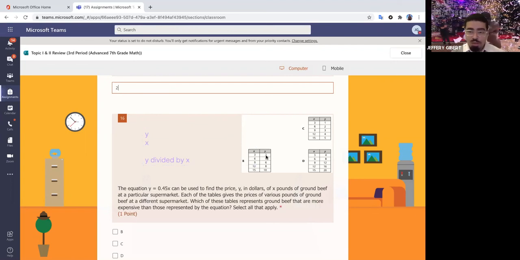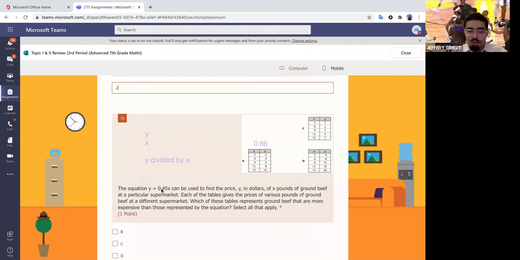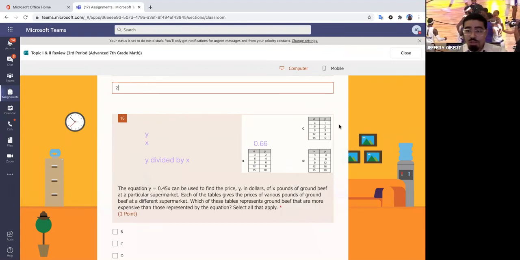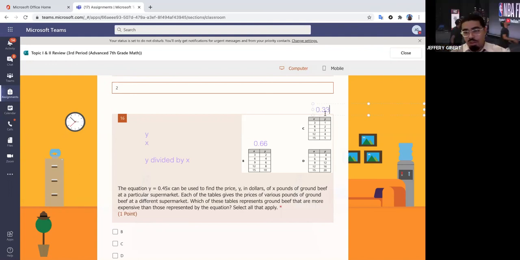Let me look at B. On B, I could do 2 divided by 3. 2 divided by 3 is 0.67, or 0.6 repeating. That's bigger than 0.45, so B is correct. On C, 1 divided by 3 is 0.33. 0.33 is less than 0.45, so that one's not correct.